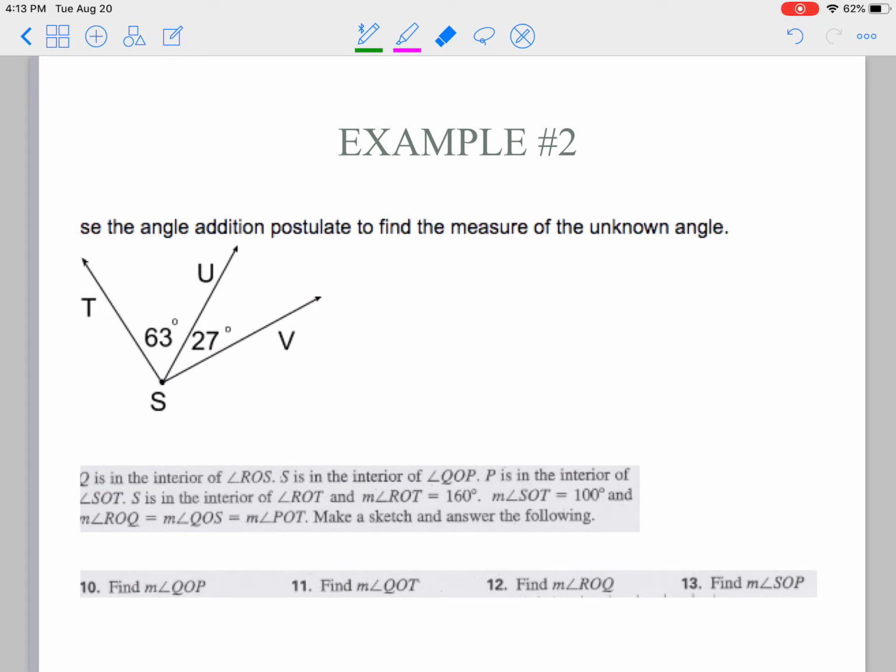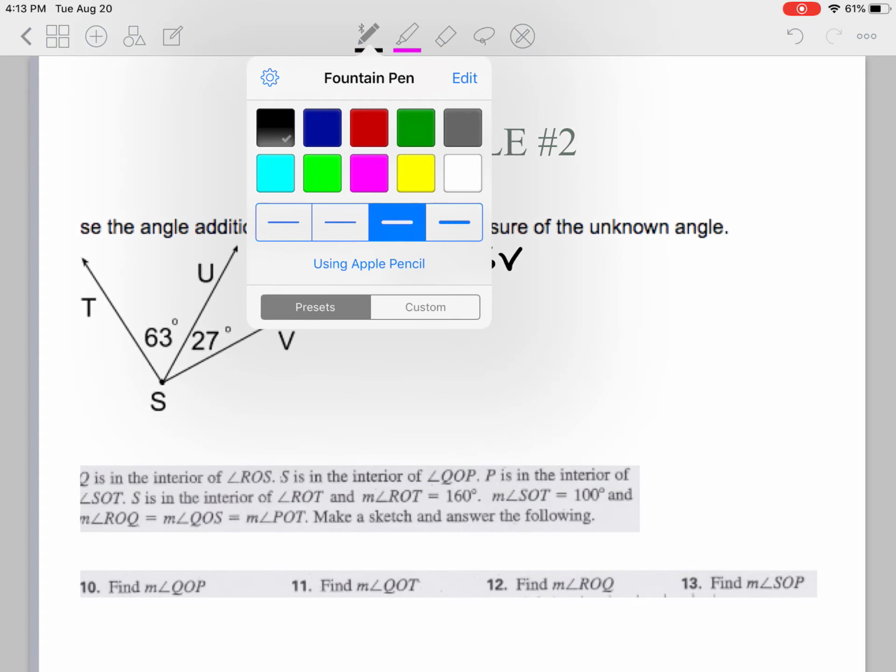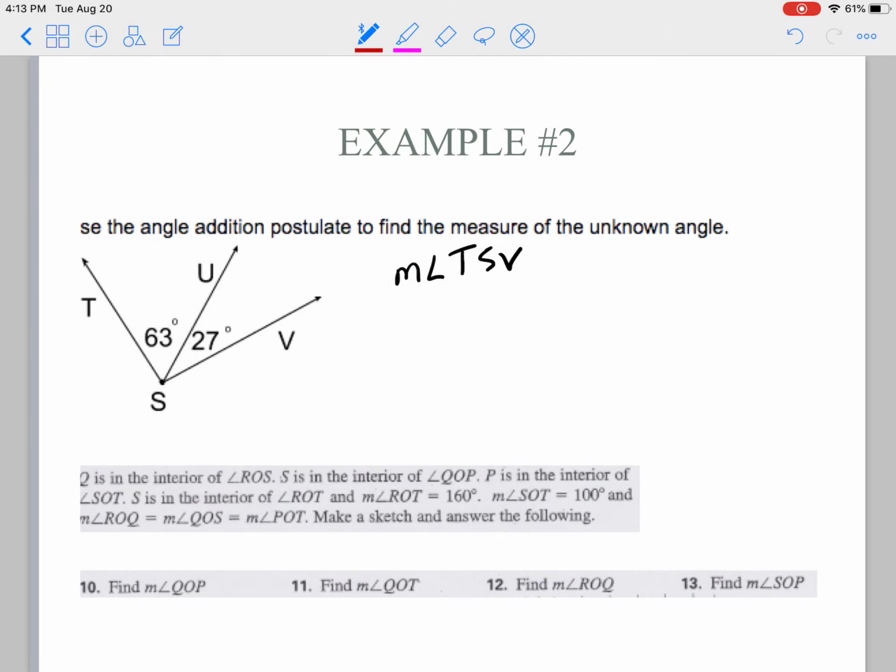Okay, so there's our two angles, and let's find what the answer might be. So in this case, our unknown angle is going to be the measure of angle TSV. So TSV, we're looking for the measure of the larger angle. So how would we do that?